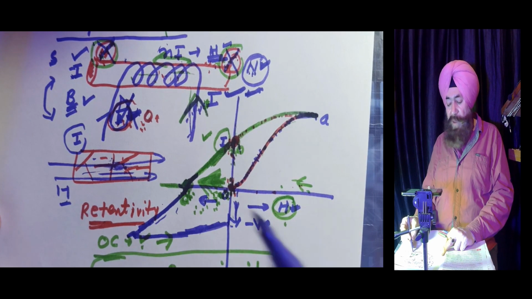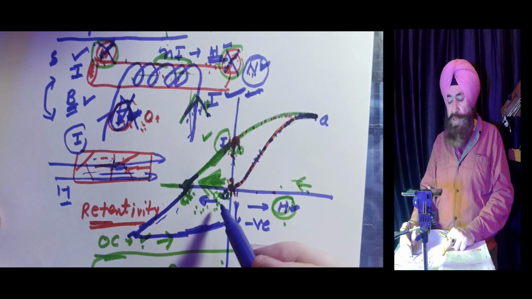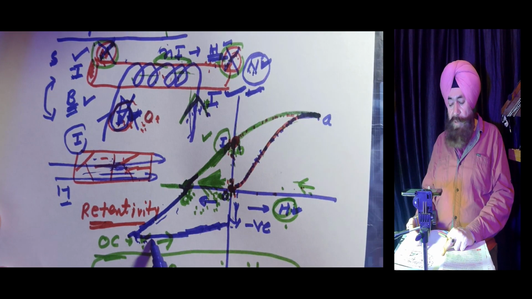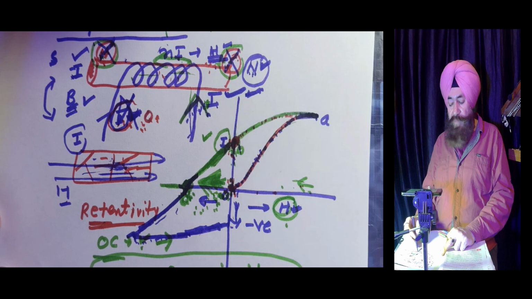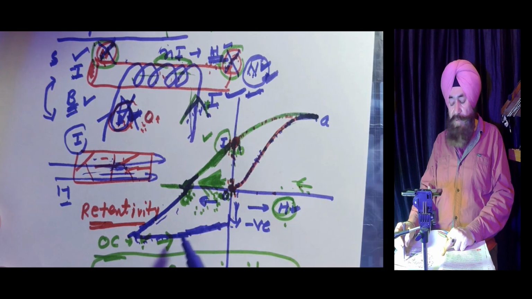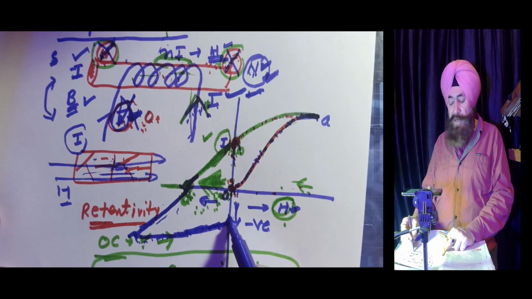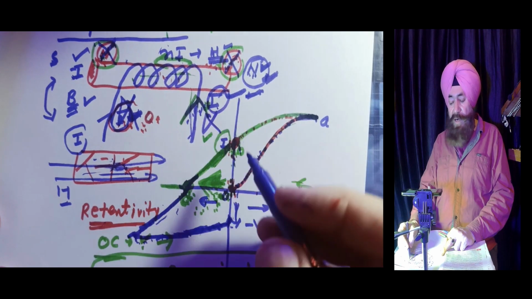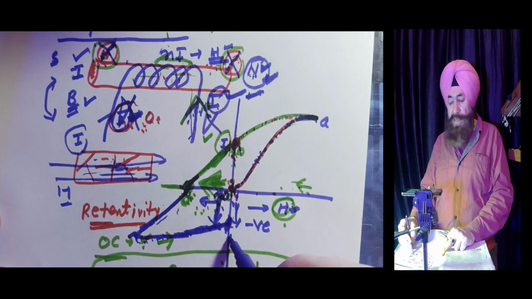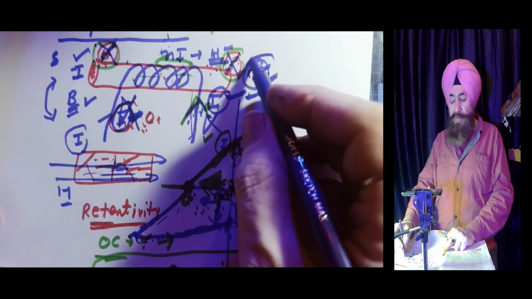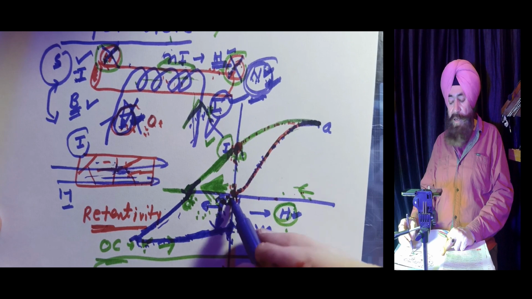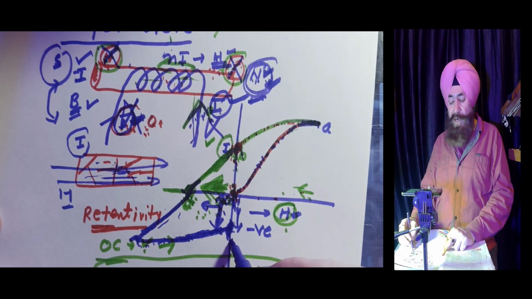As we go on decreasing I, this intensity of magnetization, which was negative, decreases. Ultimately, we make the current 0, but even then some intensity of magnetization is left. Some pole strength N and pole strength S is left, meaning again retentivity.